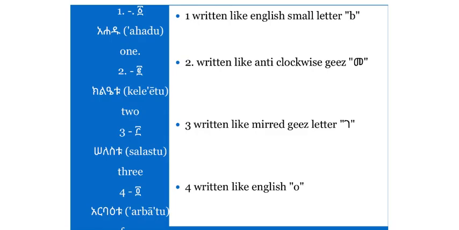The first number, 1, is written like an English small letter B. The main shape is like a small letter B and a horizontal line across the top of the main shape and a line along the bottom, called strokes.